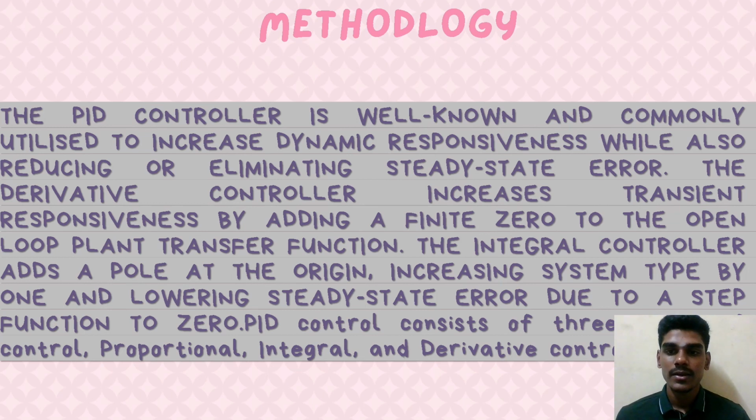Integral control adds a pole at the origin, increasing the system type by 1 and lowering the steady state error due to a step function to 0. A PID controller consists of three types of control: proportional, integral, and derivative control.